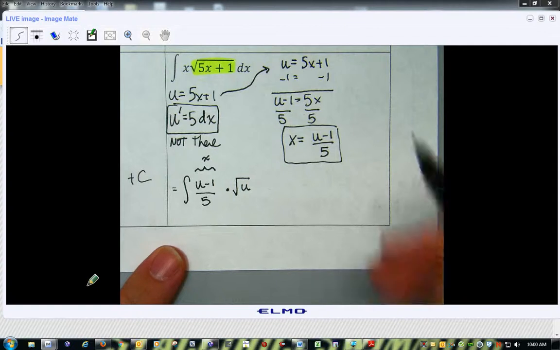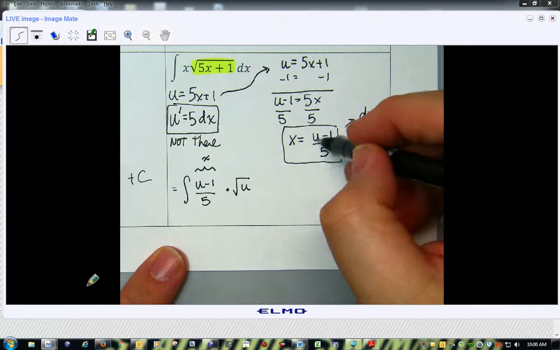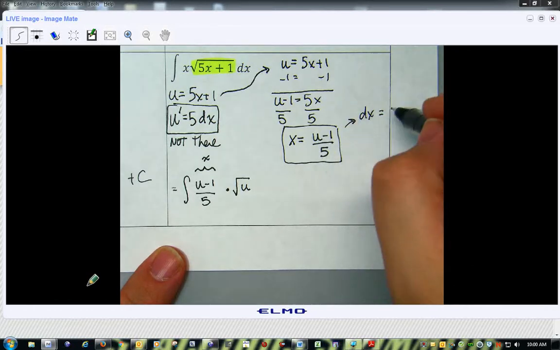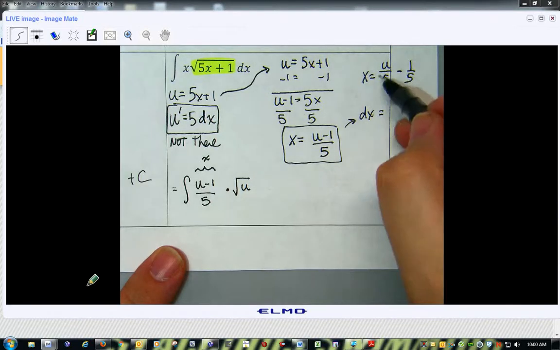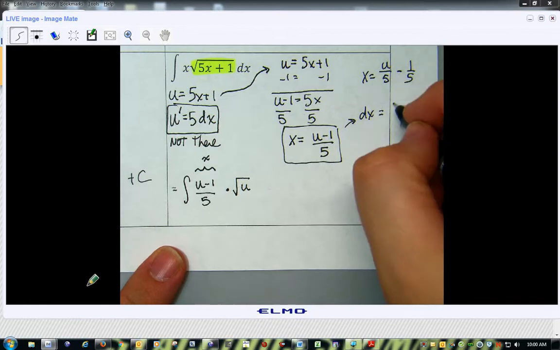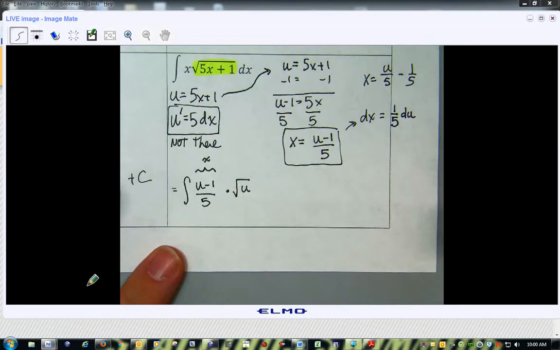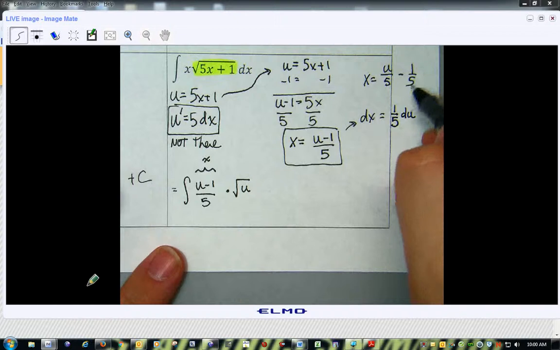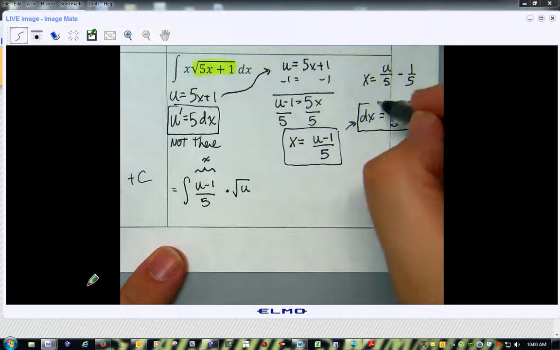But you can even go here and say that dx is equal to, well, if x is equal to u over 5 minus 1/5, dx would be equal to, what's the derivative of u divided by 5? One-fifth times du. And what's the derivative of 1/5? Nothing. So that'd be a 0. So now I have something that relates dx to a du.